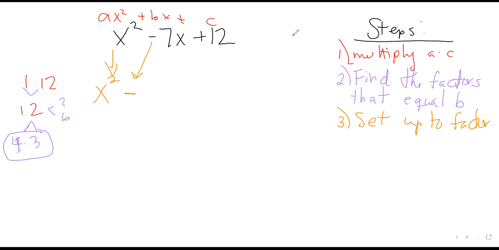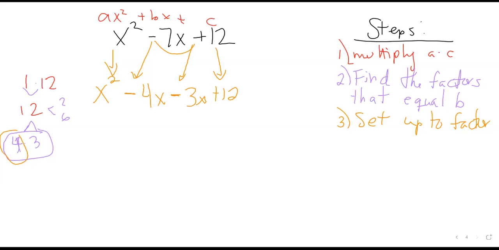And then I use one of my factors, so we'll start with 4. So negative 4x. Negative times a positive is a negative. So I put my negative there, and then I put my 3x, and then I bring down my plus 12. Okay.